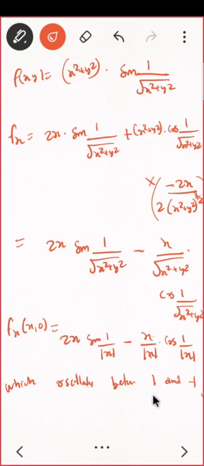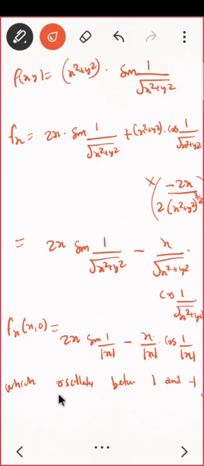What do you mean by that? What can you see now? Correct? It won't be continuous in that neighborhood, because the limits are different. If I am going from the positive side of x, it is giving me something else. If I am going from the negative side, it is giving me something else. So the limit is different.